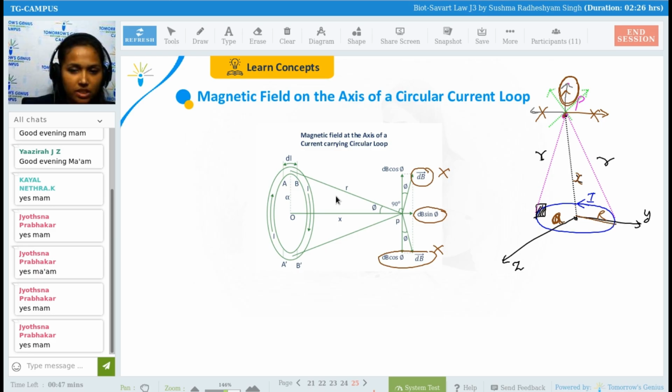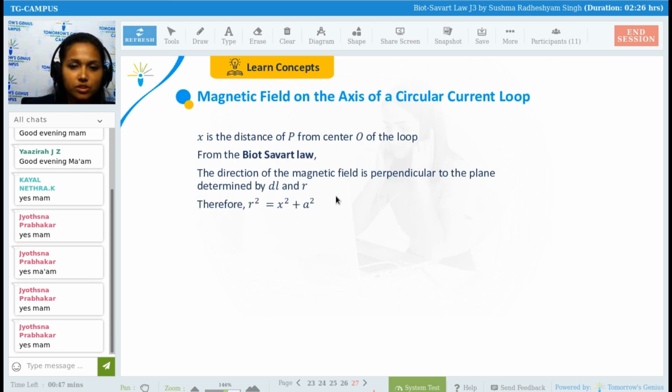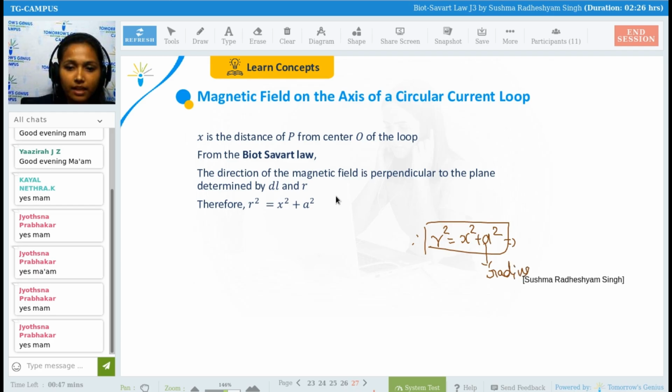We use the Pythagoras theorem, and according to it, r will be the square root of x square plus a square. So from here, a is the radius and x is the distance where we want to find the magnetic field.